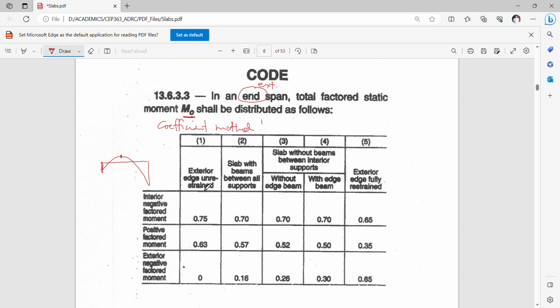on the basis of what type of support do you have. Okay, so if the support is an exterior edge unrestrained, then for the interior negative factor moment, then 75% of your MO will be at this edge or at this support. Okay, interior support, and 0%, because this is unrestrained, is at the exterior support. The positive is 0.63.